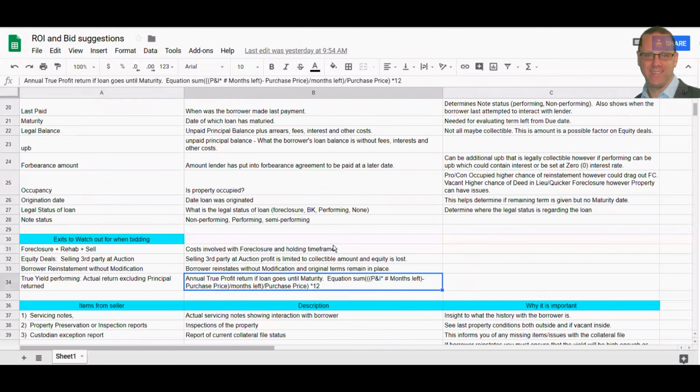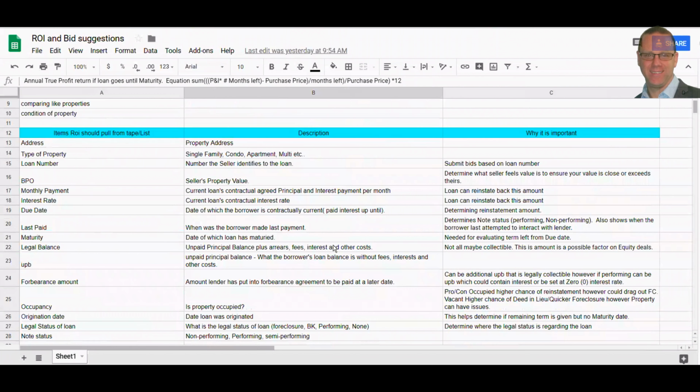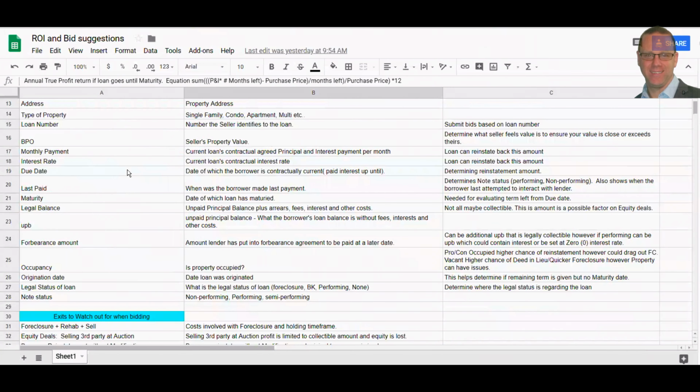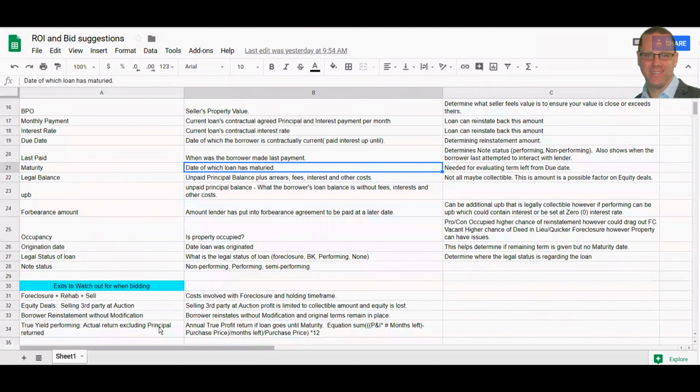So I jumped through a lot of this. And again, some of these items we get from the tape are amazingly helpful if you can figure them out. But maturity is huge for factoring in the actual return.